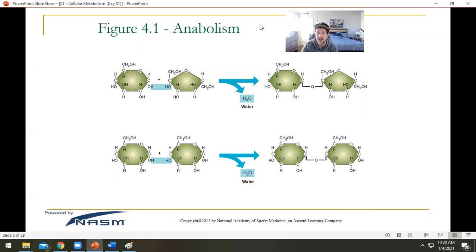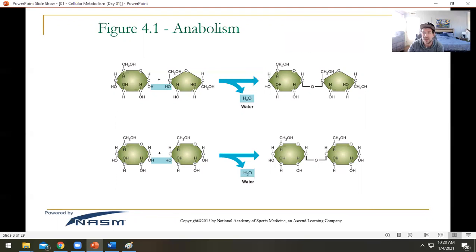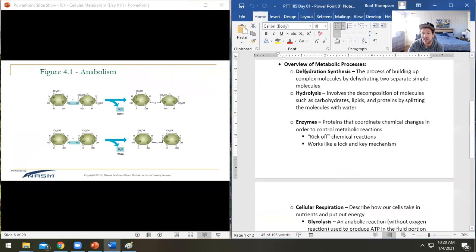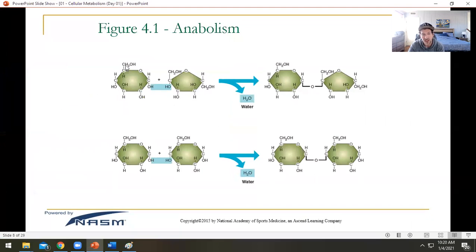Well, that process is referred to as dehydration synthesis. Dehydration synthesis is the process of building up complex molecules by dehydrating two simple molecules. So I've got a simple sugar right here, that's glucose. And I've got another simple sugar right here, which is also glucose. Now, take a look here, guys.